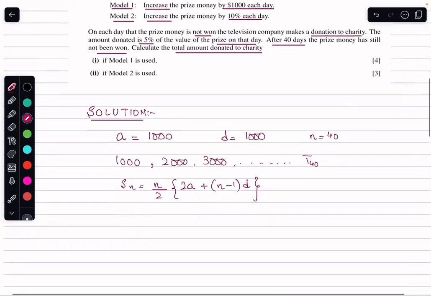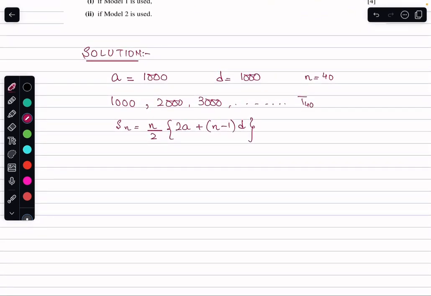So the sum of the money up till 40 days shall be 40 divided by 2 times (2 times 1000 plus (40 minus 1), which is 39, times d, which is 1000 again). So the total amount that has not been won up till 40 days is going to be 20 times (2000 plus 39,000).